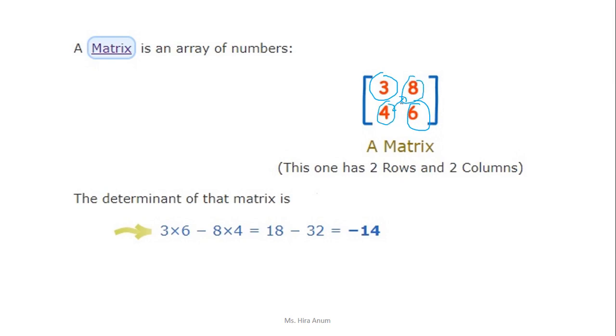You can write a 1 1 multiplied by a 2 2, minus a 1 2 multiplied by a 2 1. You can see this in 2 cross 2. 3 multiplied by 6 is 18, minus 8 multiplied by 4 is 32, and the determinant is minus 14.